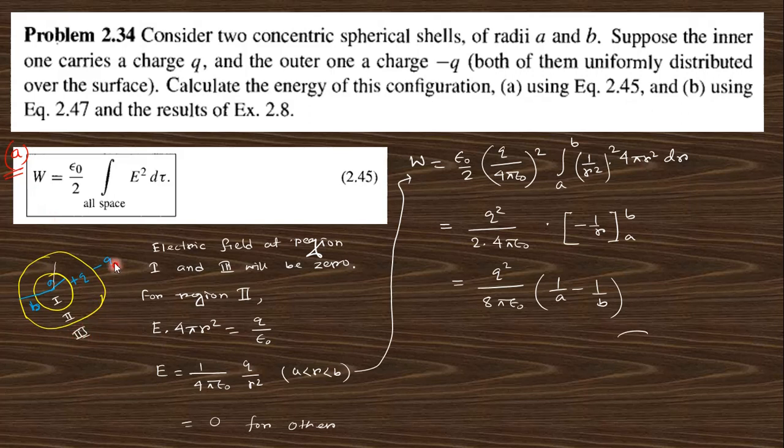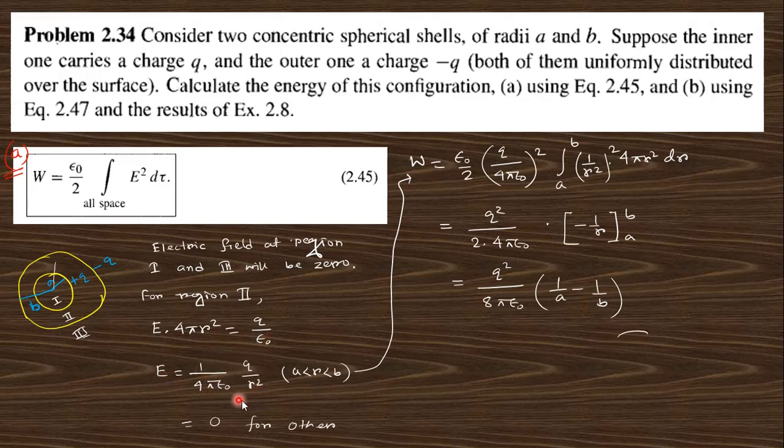That's why the electric field for this third region, outside the B, will also be 0. It is present only in this middle region, and for that region the charge will be q only. If you consider this Gaussian surface, the charge will be q, so this is q by epsilon naught.